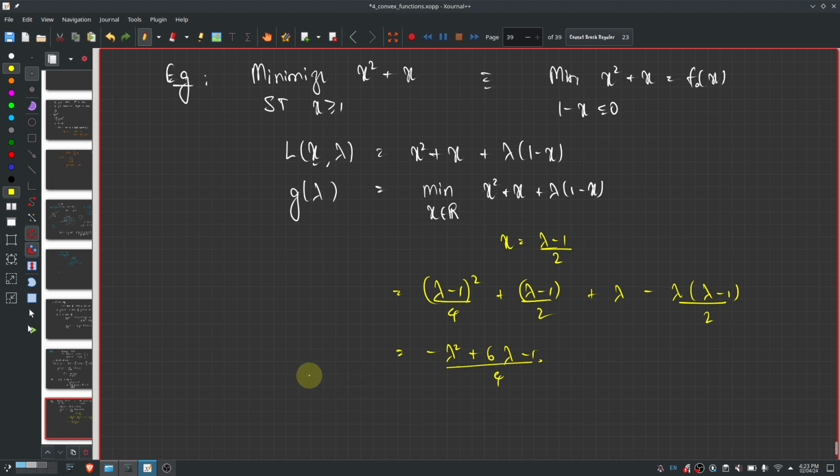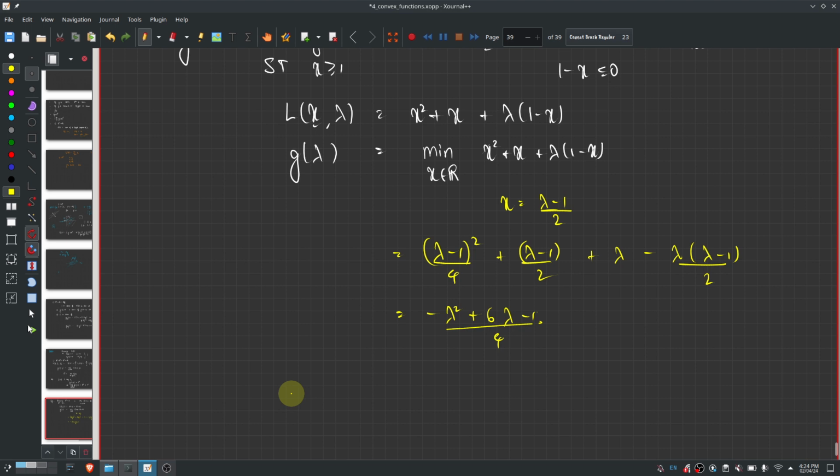And how do you maximize this with respect to lambda? Again, you only maximize over lambda greater than or equal to 0. What would that be? What kind of a function is this of lambda?